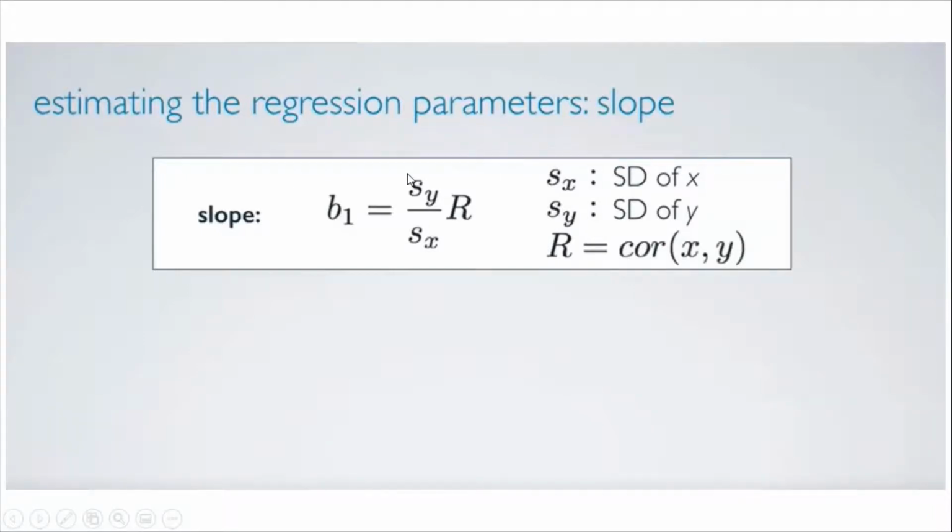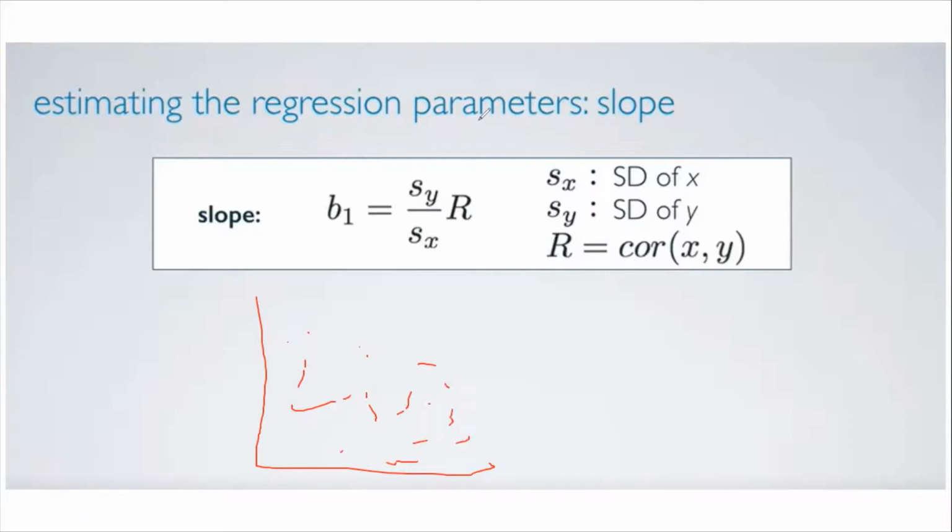We know how to calculate the response variable, but how do we find the slope and how do we find the intercept? To simplify this, say this is our scatter plot.